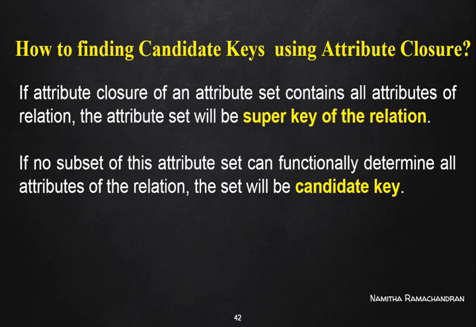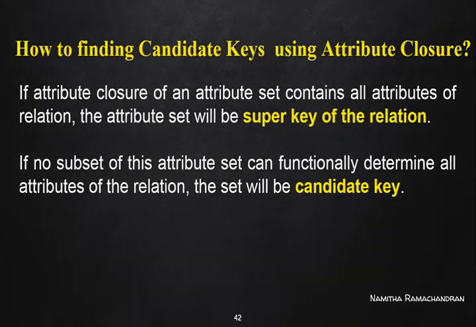So this candidate key can be called a minimal super key. Okay. So this attribute closure is used for identifying all the possible candidate keys of your given relation with the help of given functional dependencies.